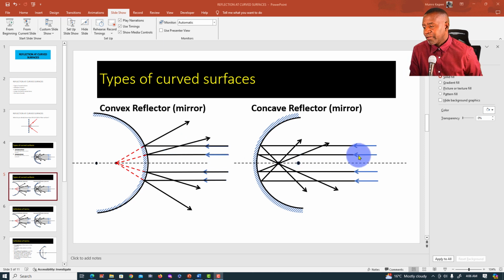Now, for a concave mirror, when we have a ray of light which is close to the principal axis and parallel to it, you can see this ray is close to it and parallel to it. A ray which is somewhere around here will be very far from the principal axis, but this one is close and parallel to it. When this ray strikes the mirror, it will be reflected through a point which we call the principal focus. You can repeat that process with another ray just close to this one, so it is close to the principal axis also and parallel to it.